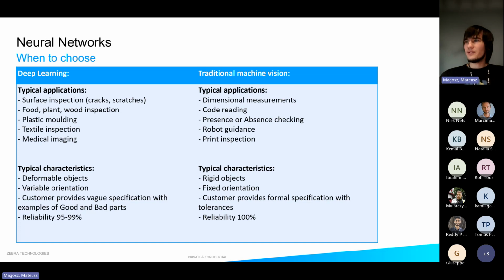This is a table which will tell you when and what to choose, where you should go with traditional machine vision, where to go with deep learning, and maybe whether it's a good idea to connect those two, because in Studio you can use deep learning to extract one feature and traditional machine vision to check it and do some analysis on it.